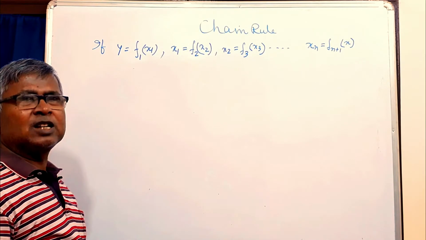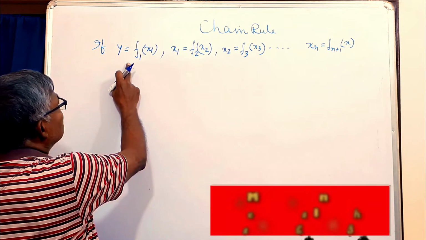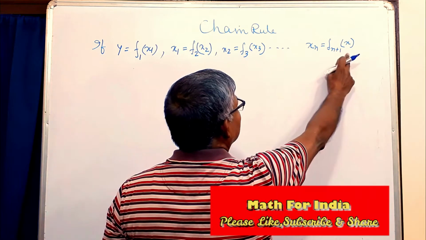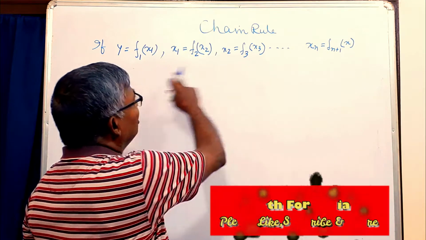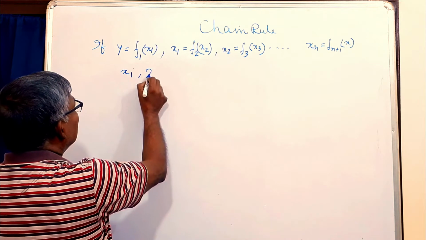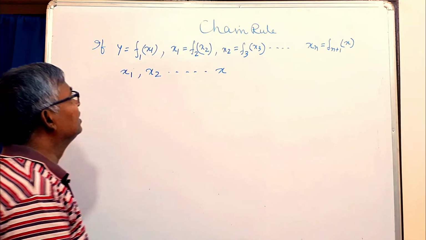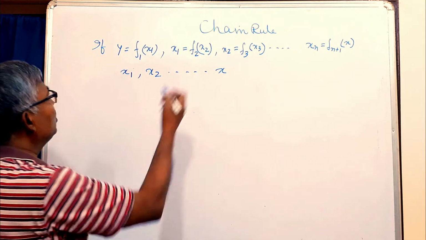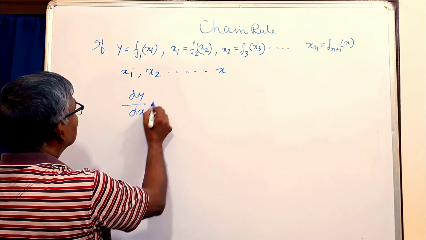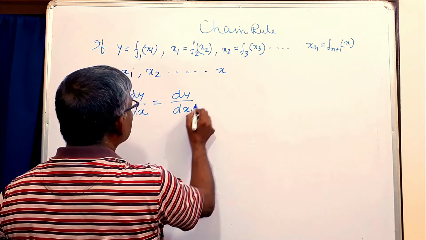Students, let us consider the functions. Here y equals f1(x1), and xn is a function of x, where all these functions are differentiable with respect to x1, x2 and x. Then by chain rule we can write dy/dx equals dy/dx1.